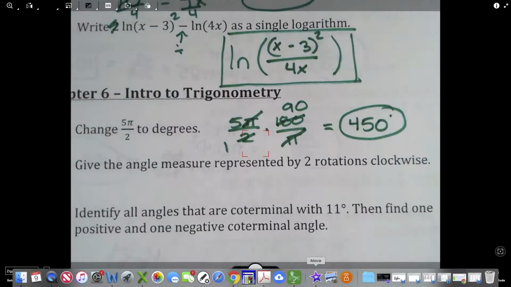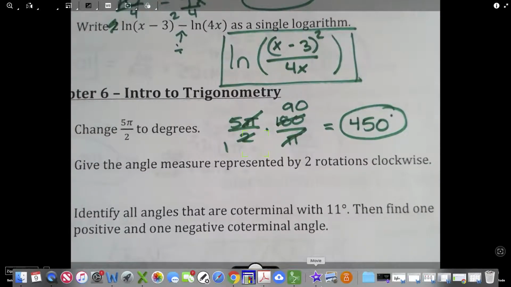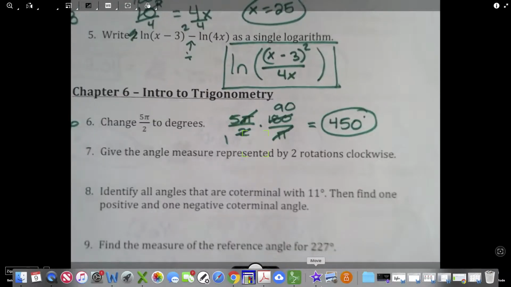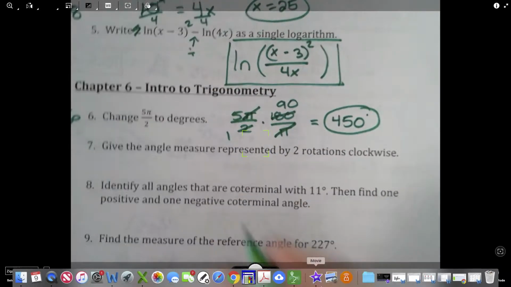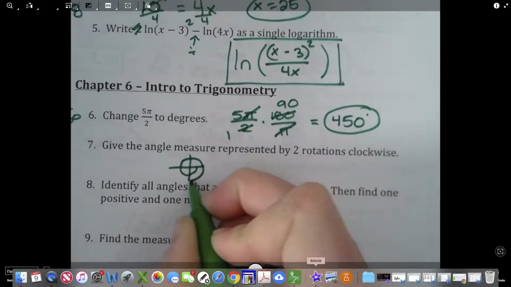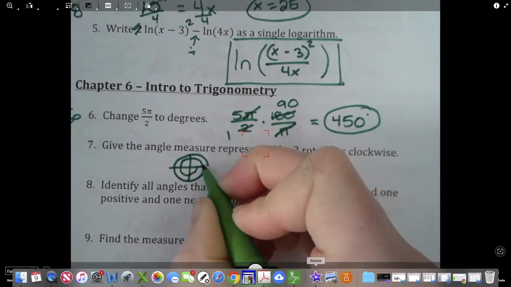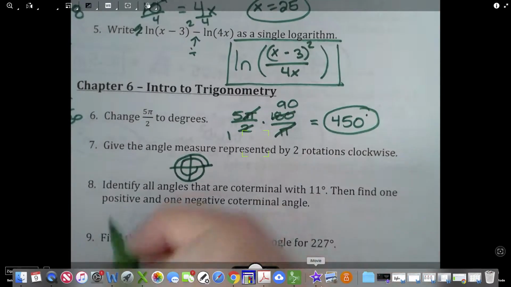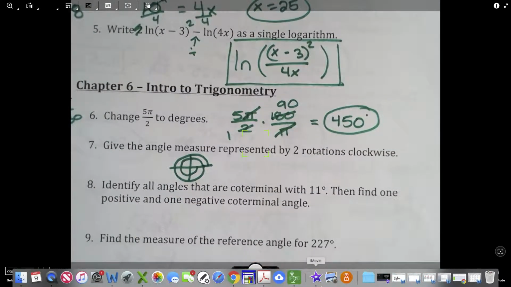Okay. On the test, just a warning, I might make you go from degrees to radians, but that's pretty easy. Give the angle measure represented by 2 rotations clockwise. Clockwise goes this way. So there's 1, there's 2. We want to know where that will end up or how many degrees that is.